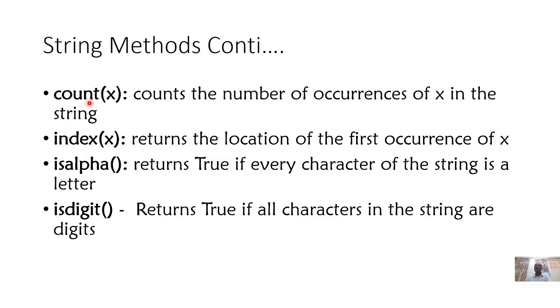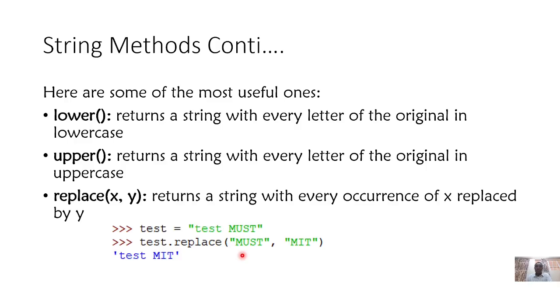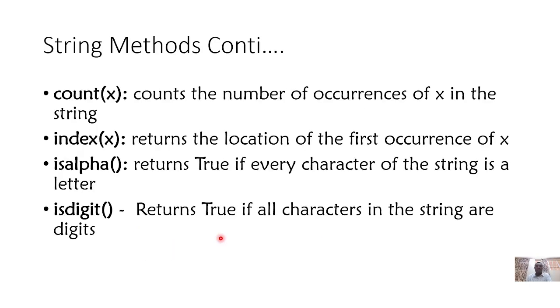It counts the number of occurrences of x in the string. Let me take you back. This is a string. Let's say we want to count the number of occurrences of S. We'll simply say test.count S. We just want to find out how many times S is appearing in the sentence. So that's it.